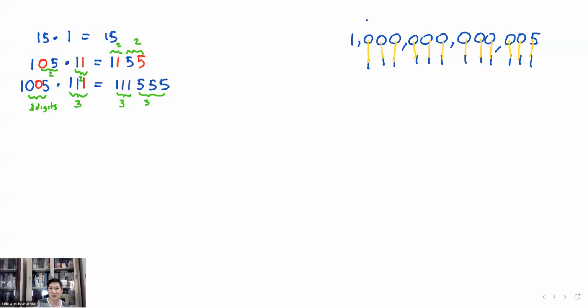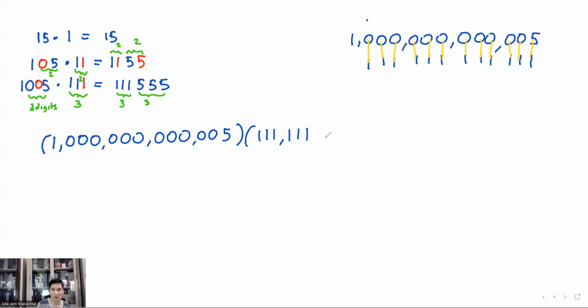so now I will scale it up. So here from our problem, 1, 0 0 0, 1 2 3, 1 2 3, 1 2, times 1 1 1 1 1 1 1 1 1 1 1 1.